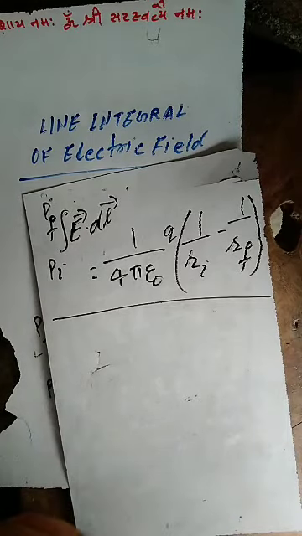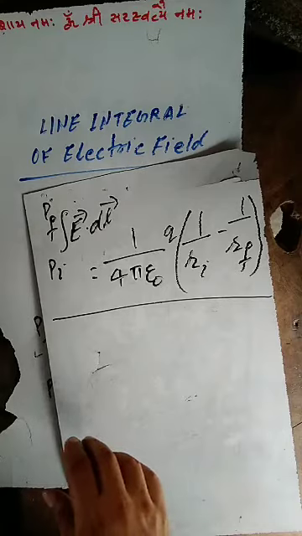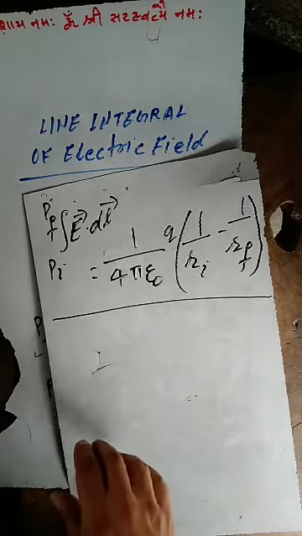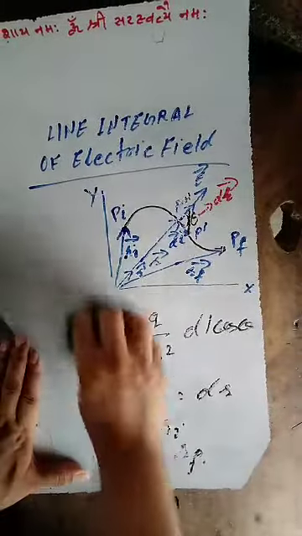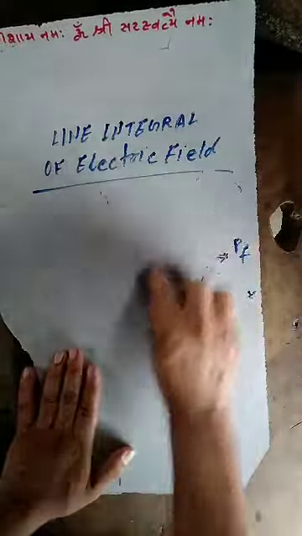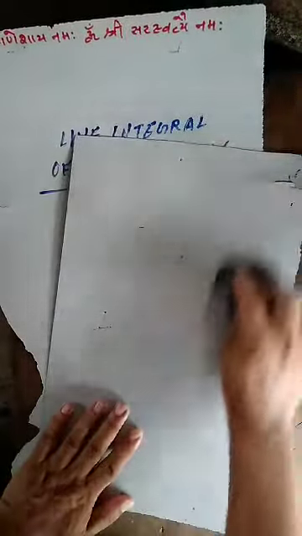Now we will see that the line integral of electric field along a closed path is 0.